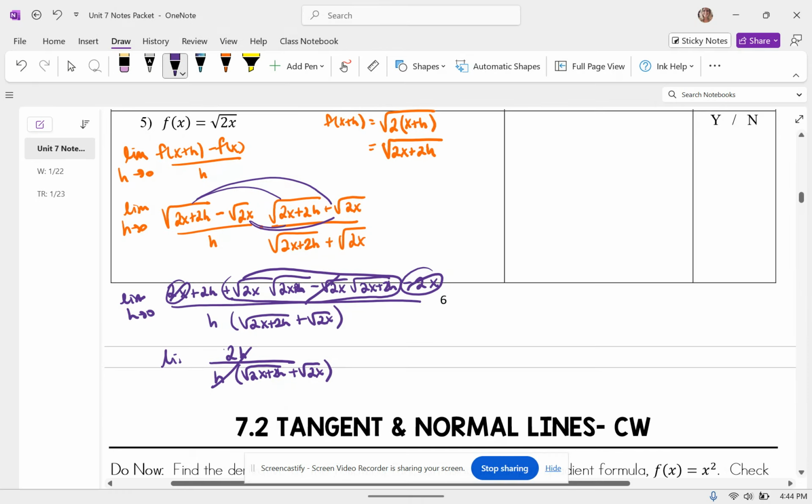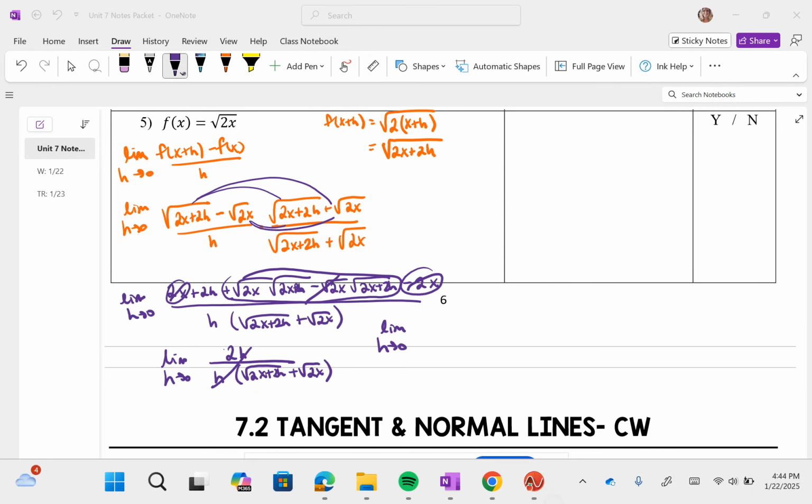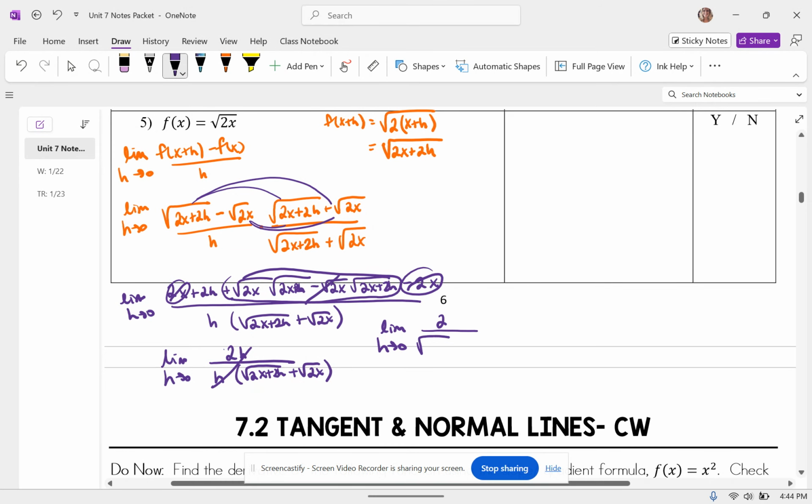Okay. And then now I have 2 over the square root of 2x plus 2h plus the square root of 2x.